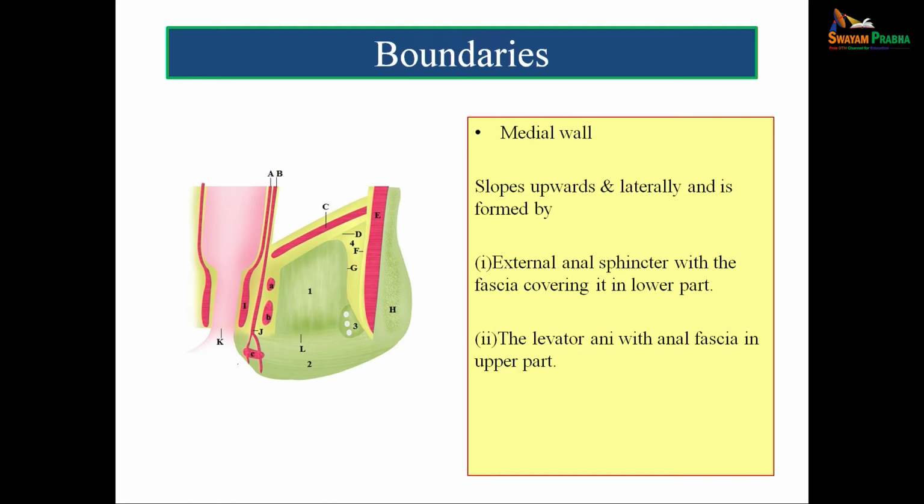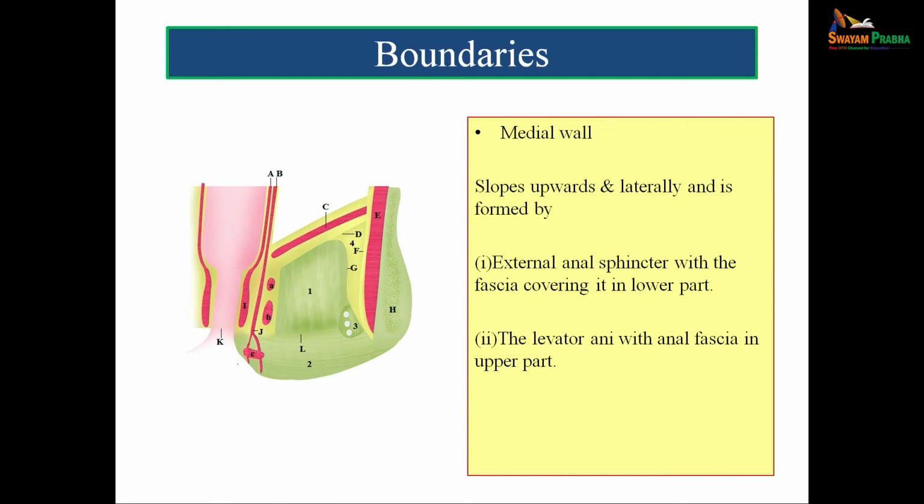In the figure showing the coronal section of the ischiorectal fossa, you will find three red structures marked by small a, small b and small c. They represent the different parts of the external anal sphincter. The deepest one is called the deep part, the middle one is called the superficial part, while the third is called the subcutaneous part of the external anal sphincter.